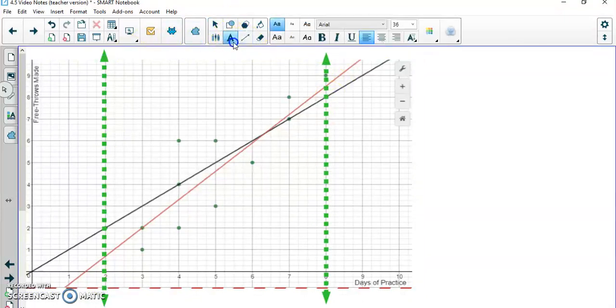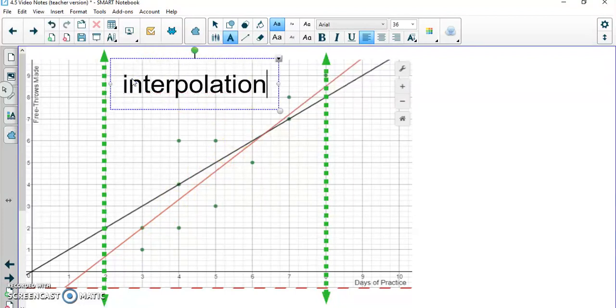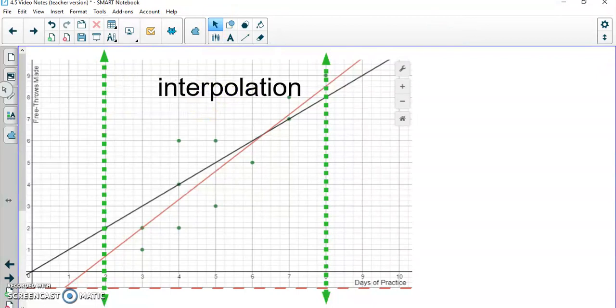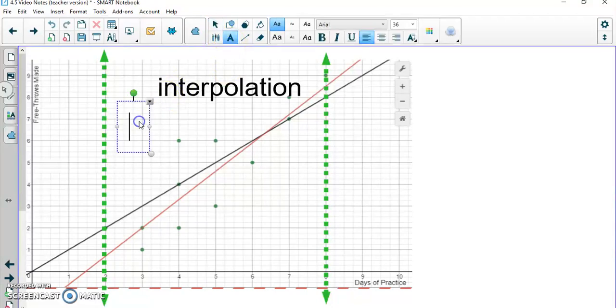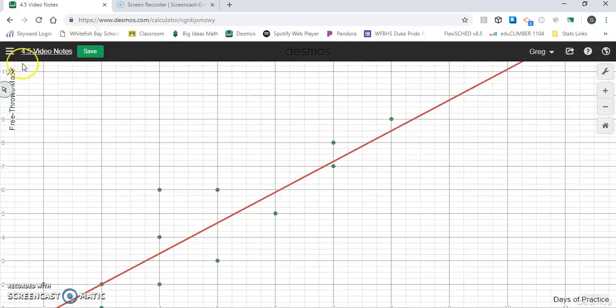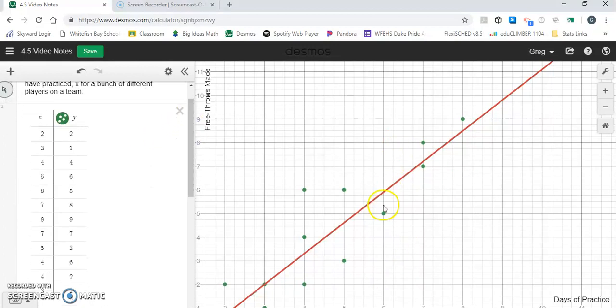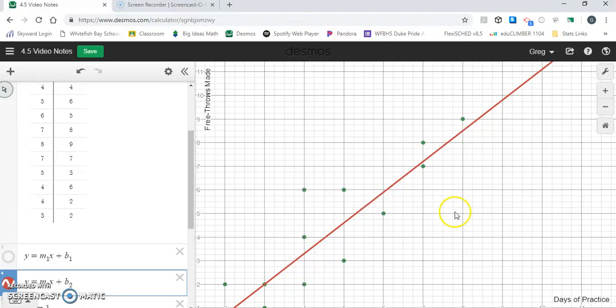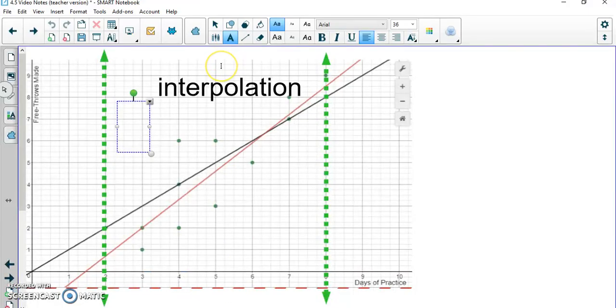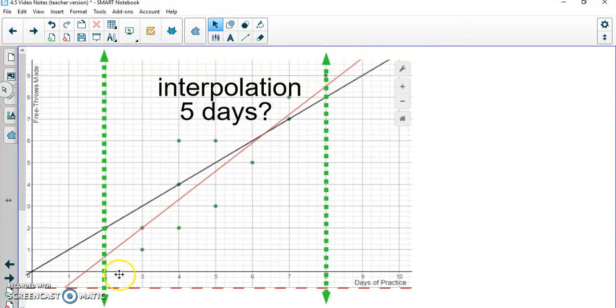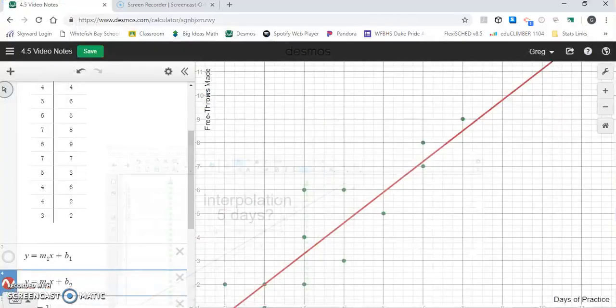So if I use my line of best fit to make a prediction somewhere in between those number of days, so I have information between 2 and 9 days, maybe I want to know what my model predicts I would get for 5 days? 5 days is within the data that I have. So I'd call that interpolation.